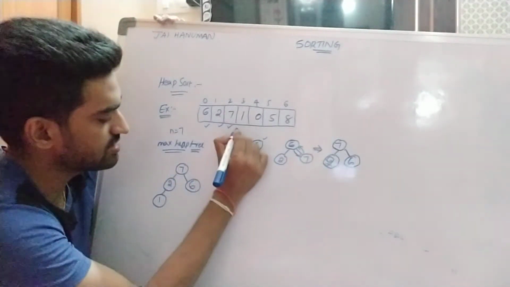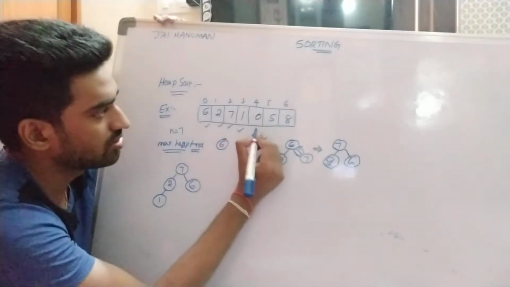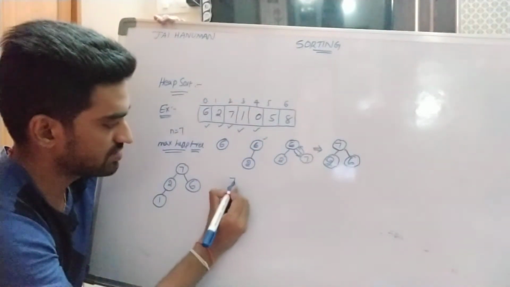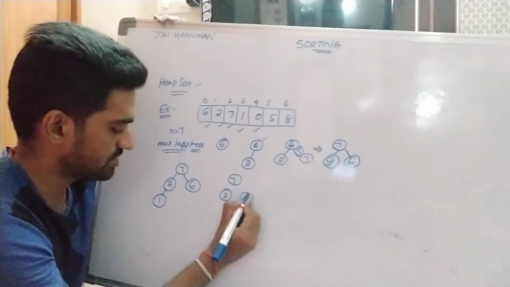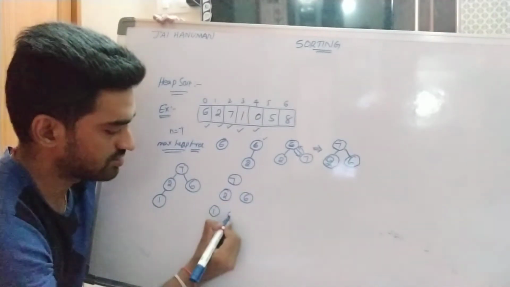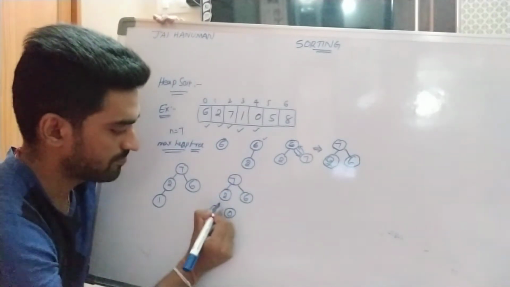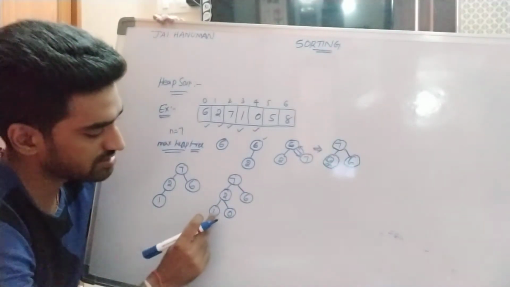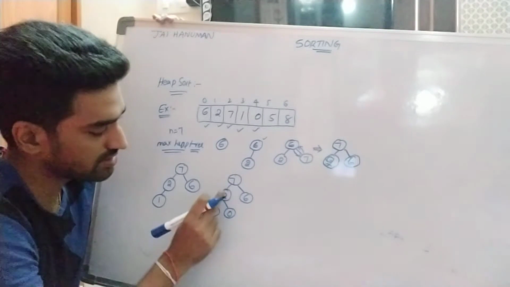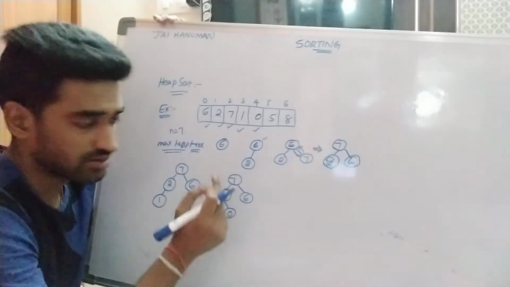So what is the next inserted node? 0. 7, 2, 6, 1, 0. So this tree also satisfies the max heap tree property. Why? Because parent node is always greater than children node, right?